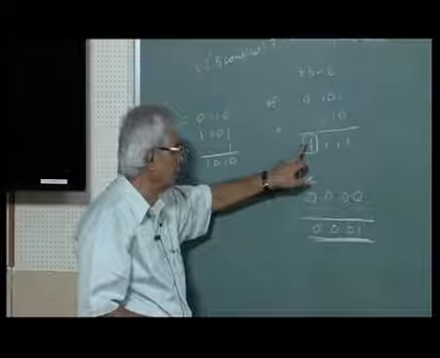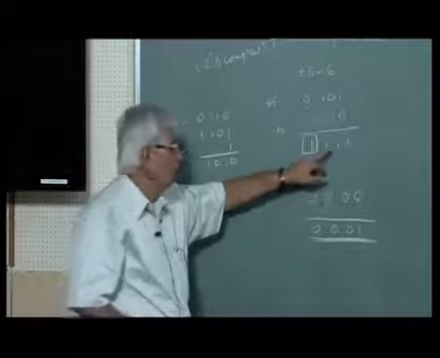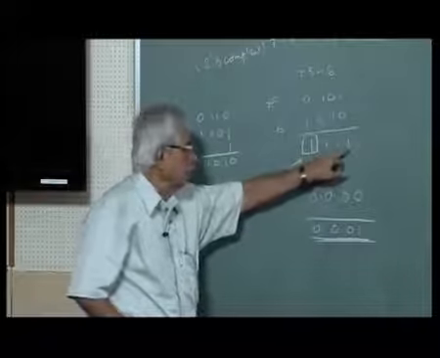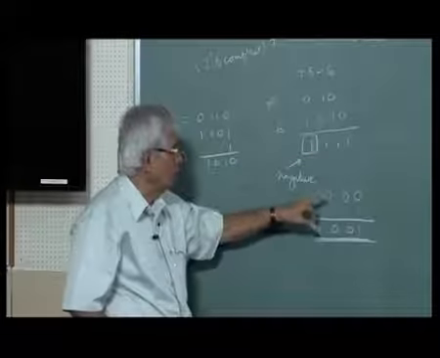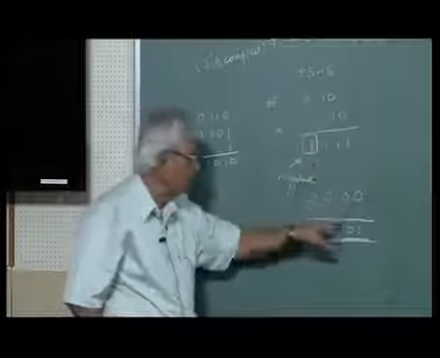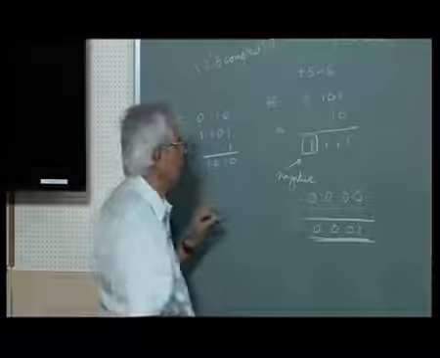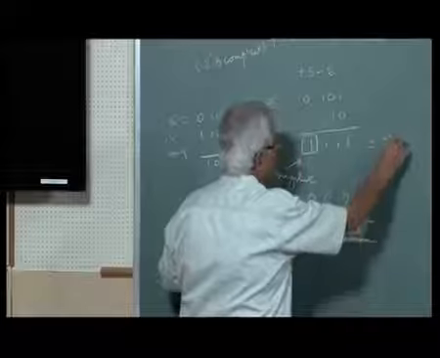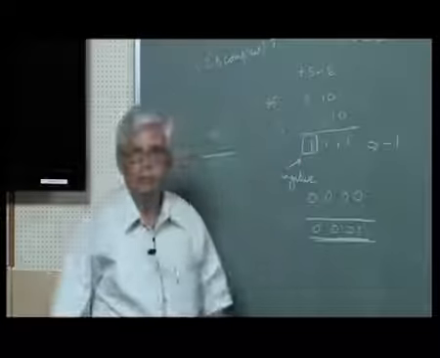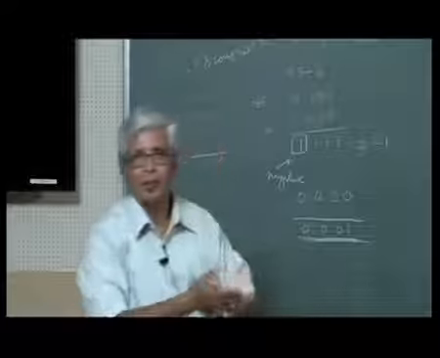So you again convert it back to 2's complement. This is 0 0 0 0 as the 1's complement, plus 1, it is 0 0 0 1, which is negative 1. So you have to say this is negative 1. Answer. Just for a minute I got confused.